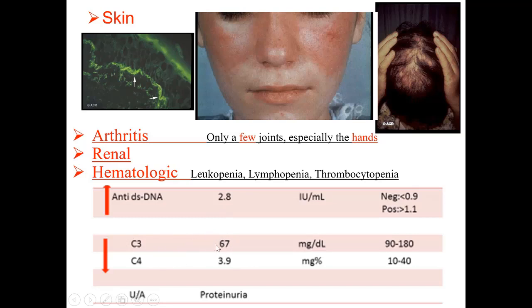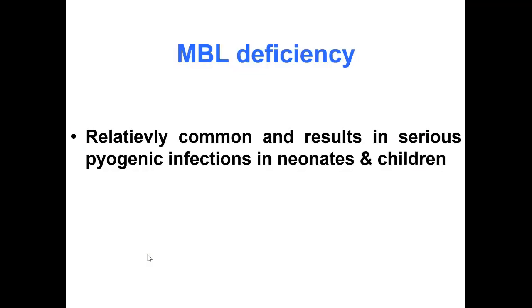Then deficiency in complement components, especially C3 and C4, or components in the classical pathway, can increase the incidence of SLE. And also MBL deficiency can result in serious pyogenic infections in neonates and children.